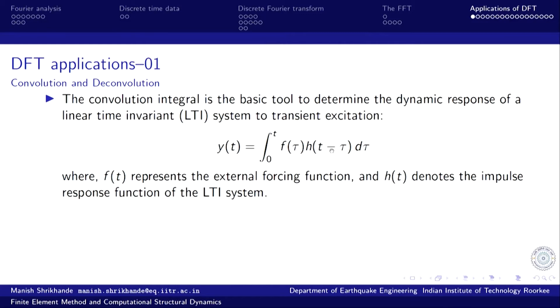First of all, the variable of integration is tau, and h of t minus tau actually involves three operations. First, we call it h of minus tau. That is actually the folding operation, so we look at the mirror image.